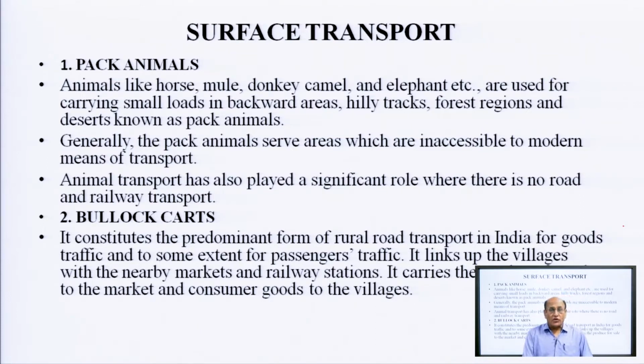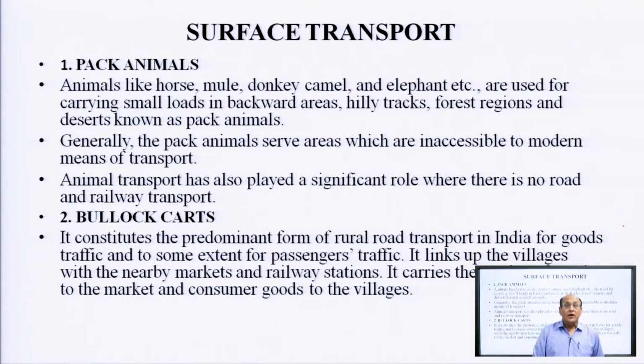These all are called pack animals. Generally, pack animals serve areas which are inaccessible to modern means of transport. Animal transport has also played a significant role where there is no road and railway transport.